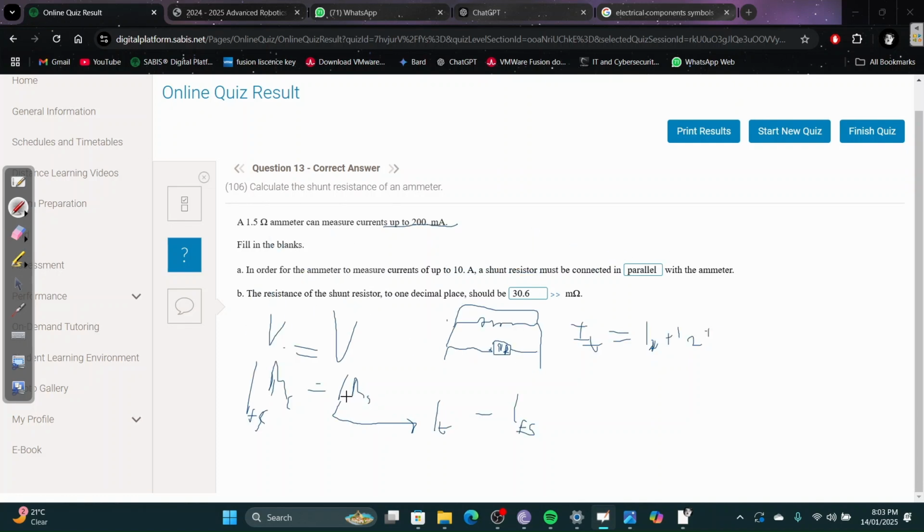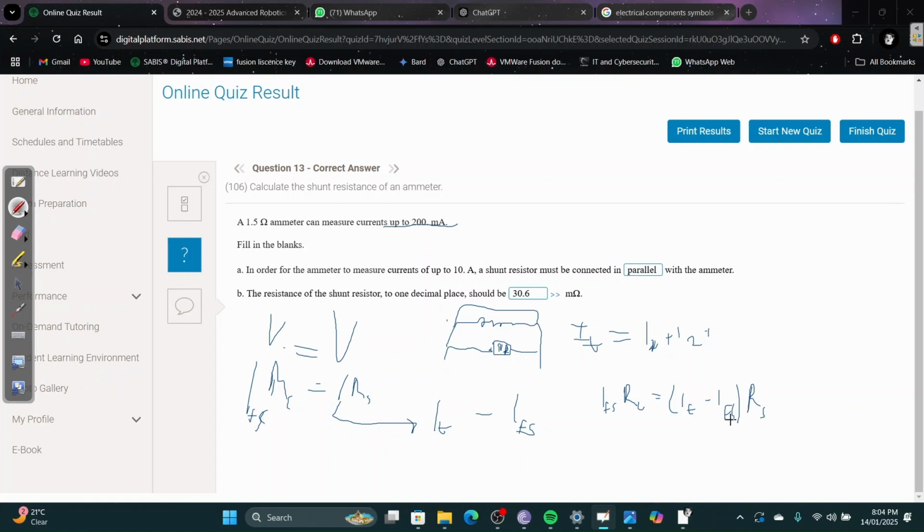Okay, now we want RS alone. So where we are now: IFS RC is equal to IT minus IFS, all into RS. Now the school doesn't teach you this derivation, so it's really important that you focus.